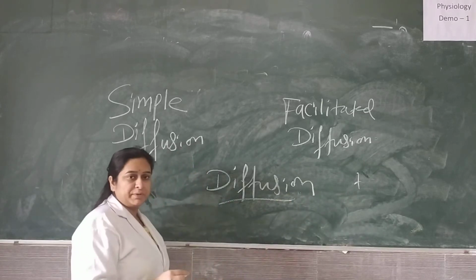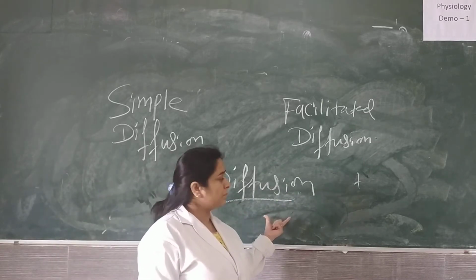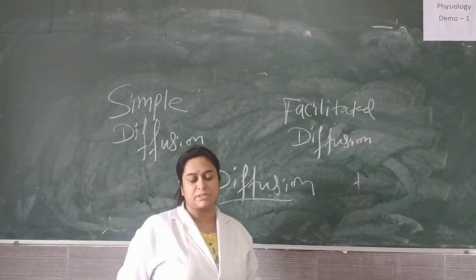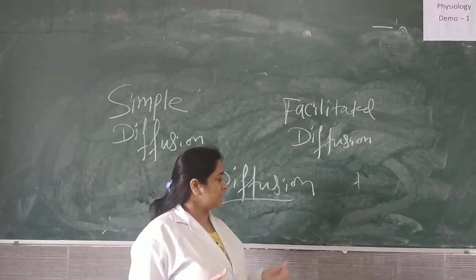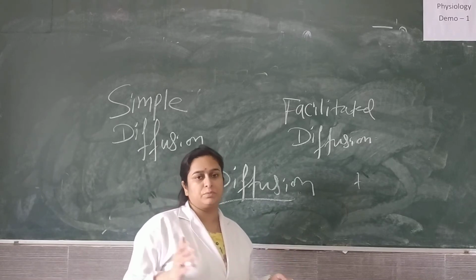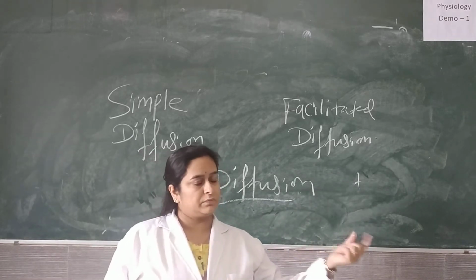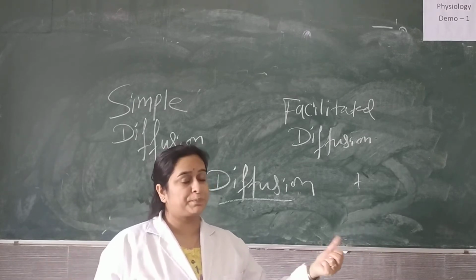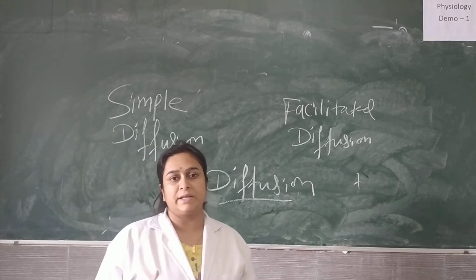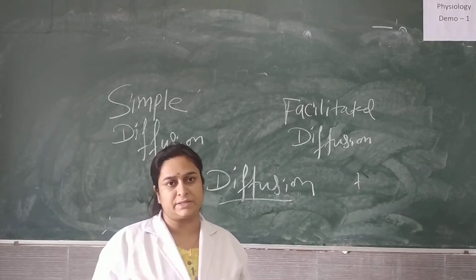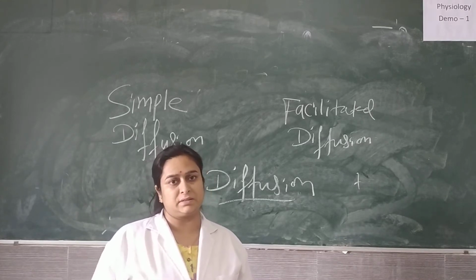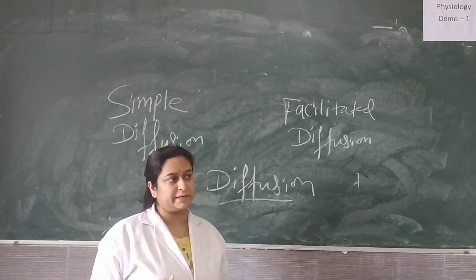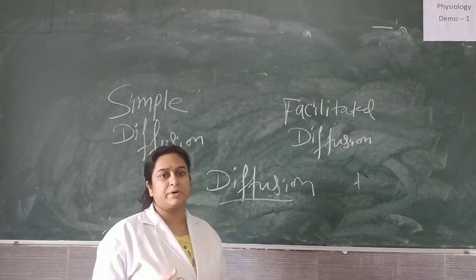Diffusion means movement of molecules from higher concentration towards the lower concentration. For example, in one room we light some incense stick, or we spray some perfume, and after a few seconds we can smell the flavor of that scented stick or perfume spray.